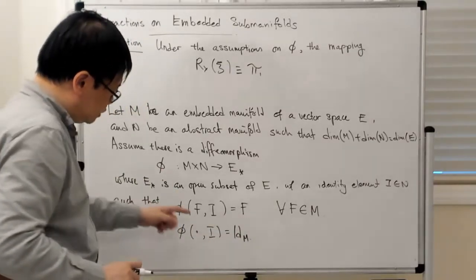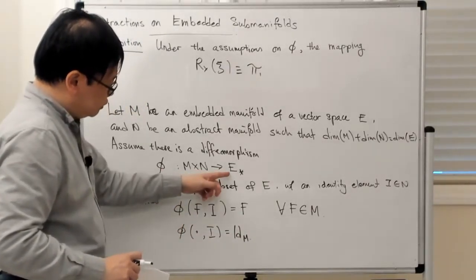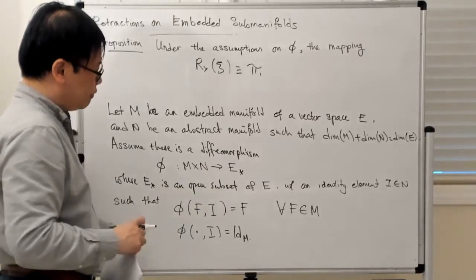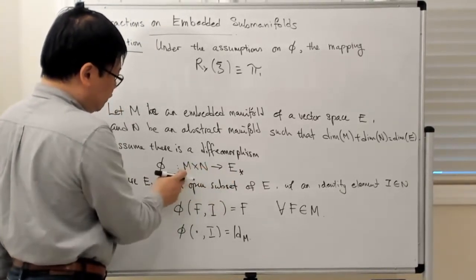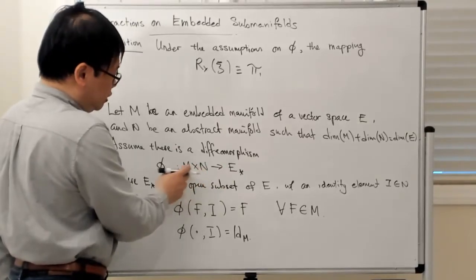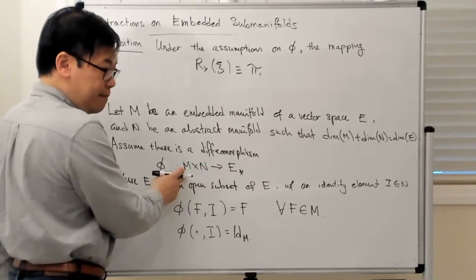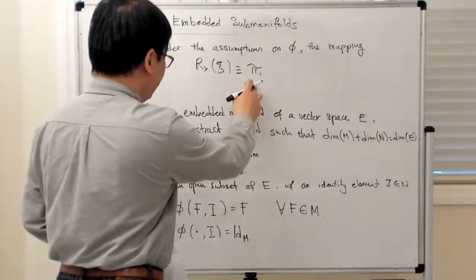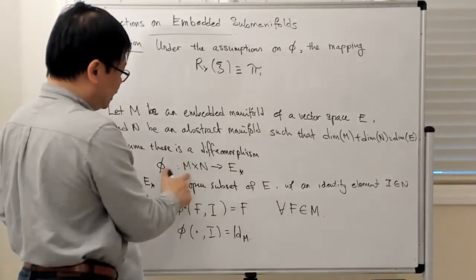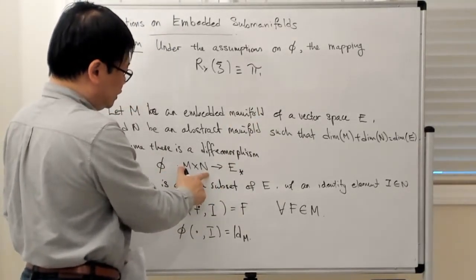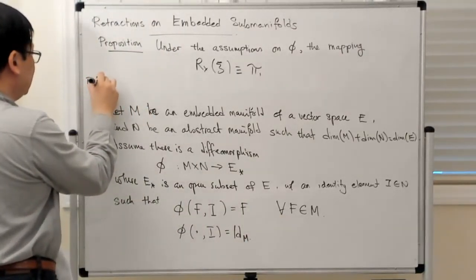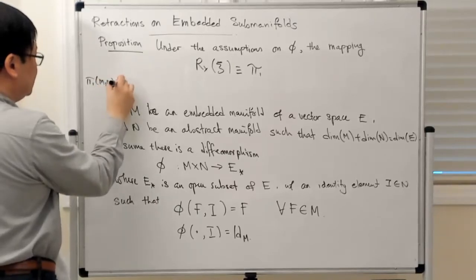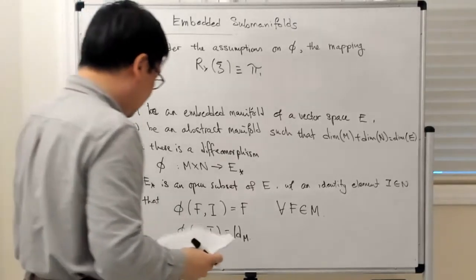So the idea is that you take the inverse of this diffeomorphism to give you the factors M and N, and then you project onto the part which is M. So this is where the pi 1 is. If you have pi 1 acting on M cross N, let's just say that pi 1 acting on (m, n) is just m. That's basically what's happening here.